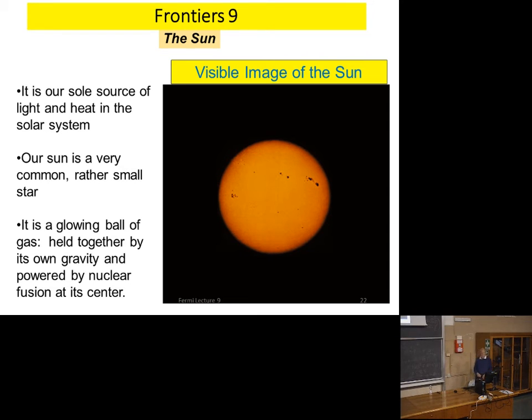It doesn't disperse in space because of gravity, and it doesn't collapse into a tight point because it is itself creating an outward force, which comes from what we believe is a nuclear fusion interaction at the center of the sun. And this is not just the sun, but the same thing we believe about all the stars.